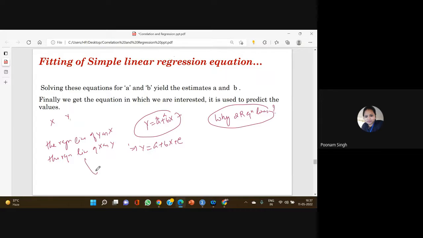If we want to predict the value of x for a given value of y, then we consider the regression line of x on y, x equals a plus b y plus e. So both are valid regression equations, but we will have to judiciously select which one is suitable, depending on which variable you want to predict. Accordingly you will consider your dependent and independent variables according to your problem.